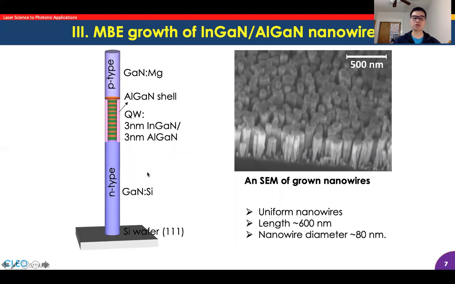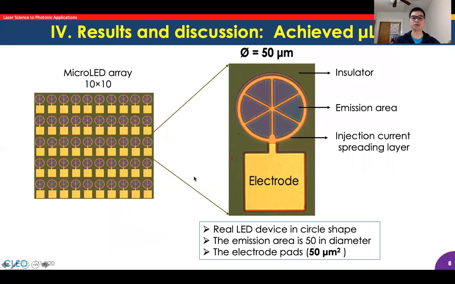These nanowires were grown by molecular beam epitaxy, and the SEM image shows that the nanowires are relatively uniform across the substrate, with a length of around 600 nanometers and an average diameter of 80 nanometers.